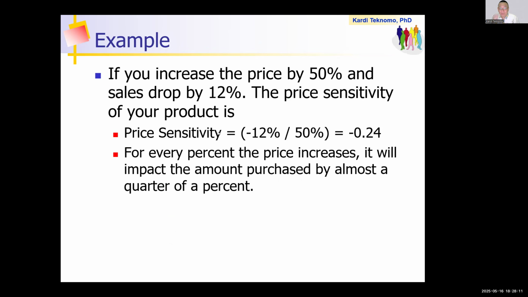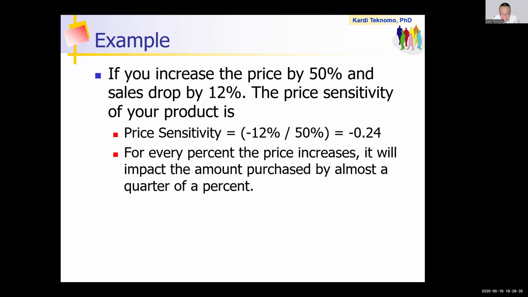Say, for example, you increase the price by 50%, then the sales drop 12%. Then you will see the price sensitivity is just negative 0.24. That means every percent of the price increase will impact almost 25%.